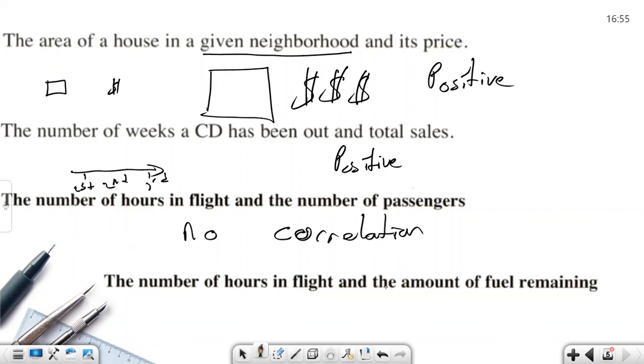The number of hours in a flight and the amount of fuel remaining: when the plane flies more, it will use fuel and the remaining will be less. So the level of fuel will be lower when you fly more. One of them increases, the other decreases: negative correlation.